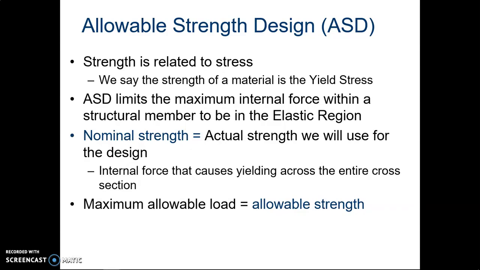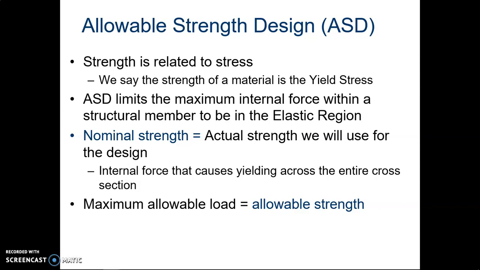Okay. So we say that strength is related to stress, and the strength of a material is the yield stress. And yield stress, again, will be given based on the material. And then ASD limits the maximum internal forces by using factors of safety.